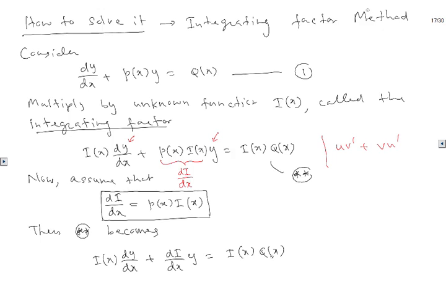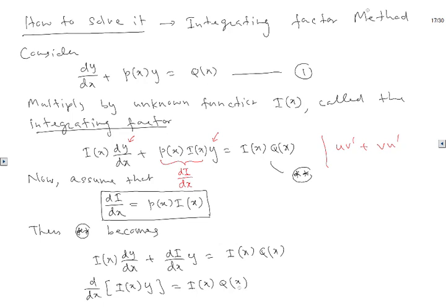Now according to the product rule, what we have on this side is simply the derivative of the product of the I function and the y function, and on the other side is I(x) q(x).